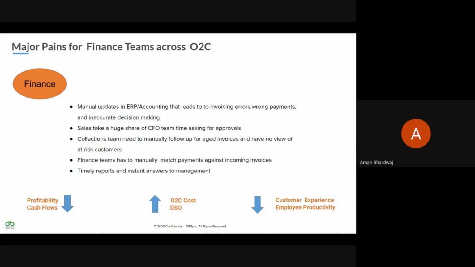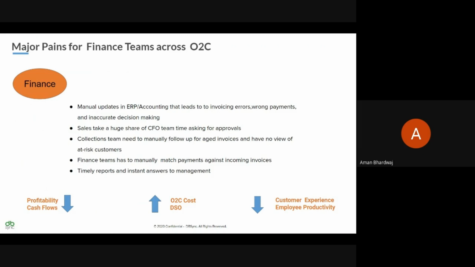So we see that your profitability or cash flows take a hit. There is a higher O2C cost, and also your daily sales outstanding is increasing because you're not able to get those payments on time, and sales are being done, but the credit cycle is getting elongated, which also leads to a loss in employee productivity, because finance teams are not able to focus on their core jobs, which is accounting, or specific operations that are involved, which is ledgers or working with the right systems.